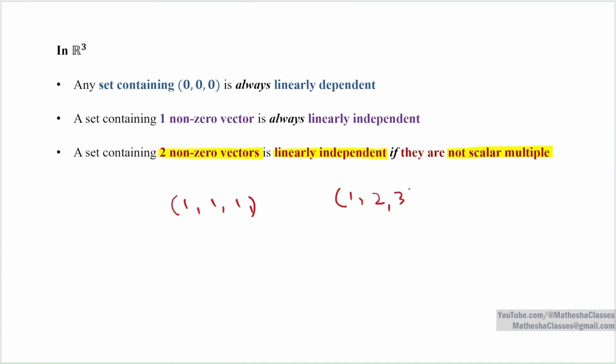Now note carefully, you won't be able to get any scalar c which when multiplied with (1, 1, 1) will produce (1, 2, 3). So these two vectors are not scalar multiples of each other. In this case, you can say that those two vectors are linearly independent. Otherwise, you can say those two vectors are linearly dependent.